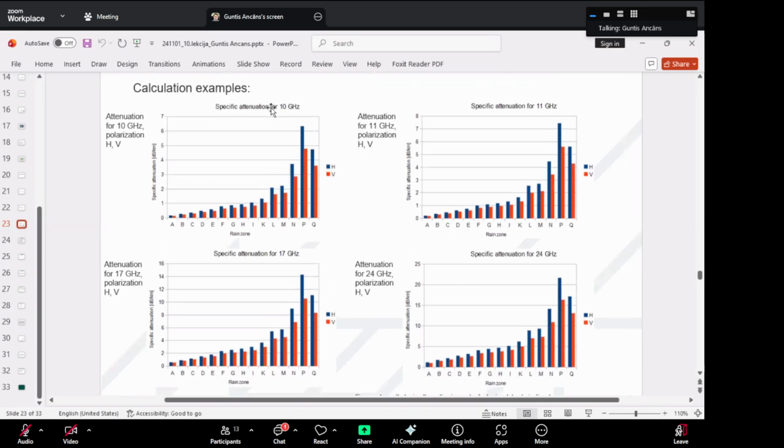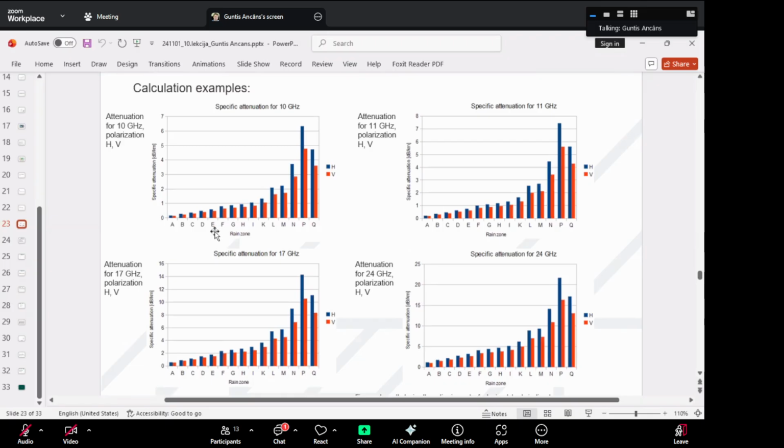We have attenuation for 10 gigahertz, 11 gigahertz, 17 gigahertz and 24 gigahertz. Vertical polarization is this orange color, and horizontal is this blue color, with different rain zones.